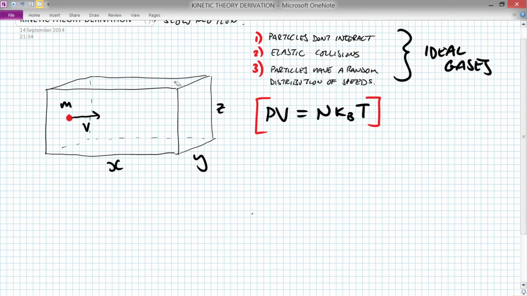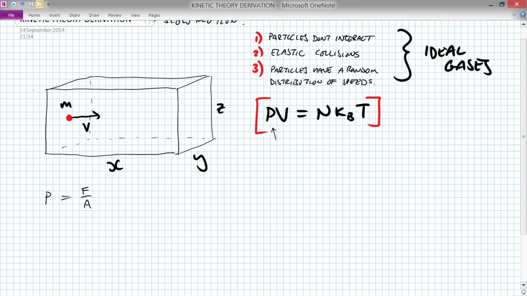So, okay, let's get started. The first step really is we want to talk about pressure. Pressure is going to be our way in, so we're looking at basically doing the left-hand side of this equation. And the way that we do that is that pressure, we know, is equal to force over area.